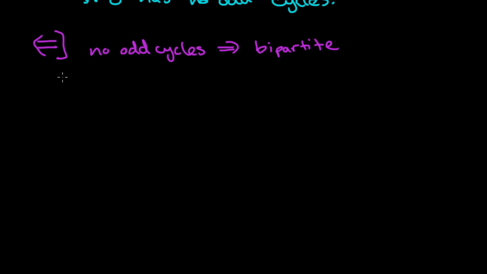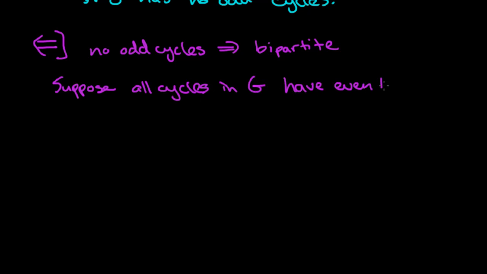So we say, suppose that all cycles in G have even length. So we suppose they all have even length, and we want to show then that G is in fact bipartite.